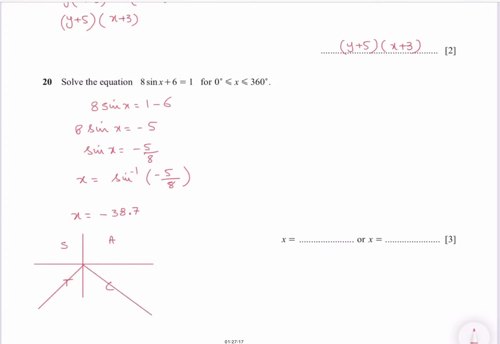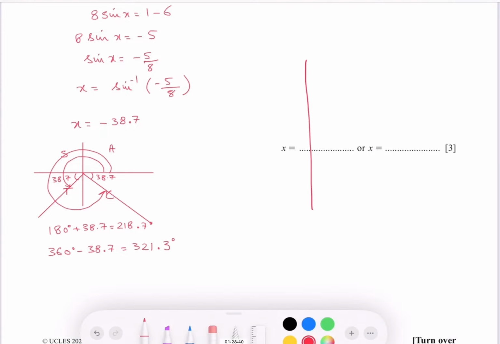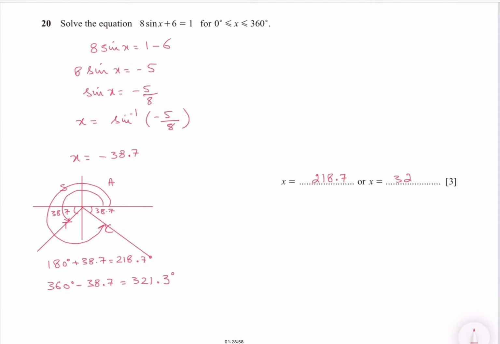So in the third quadrant and the fourth quadrant. So your basic angles with the x-axis are always 38.7. So the first angle is 180 plus basic angle, which is 38.7. Second is 360 minus the basic angle. So these two angles are your answer.